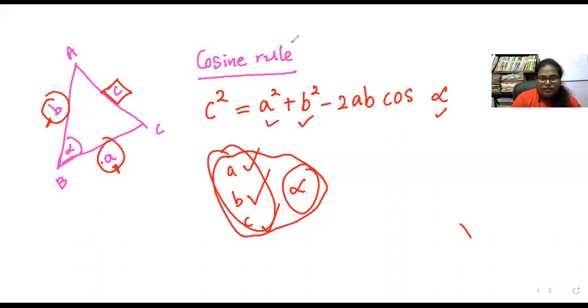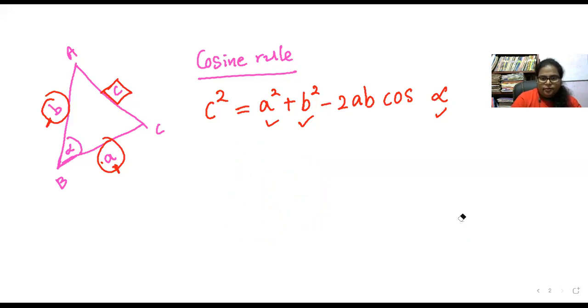Sorry, let me erase these things. If I take this angle as beta, this is how to write the cosine rule for beta. Here it is a square, because the opposite side of this angle beta is a.